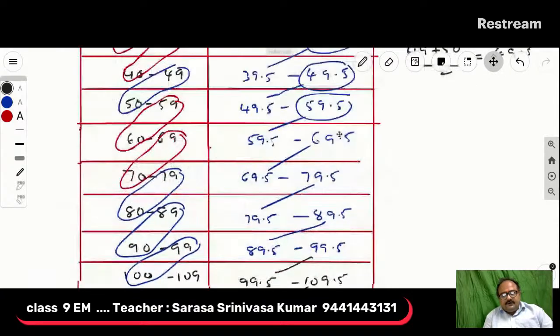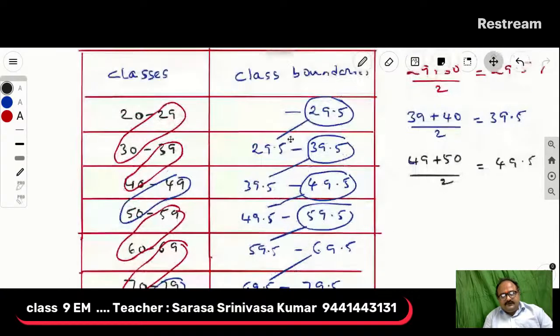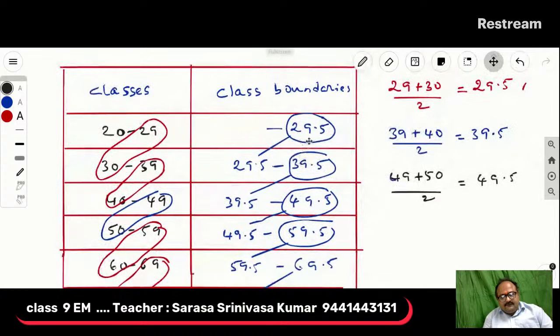So here what you have to observe is the difference is 10 for all class intervals. So the first lower limit for the first class interval is 19.5. You observe this.